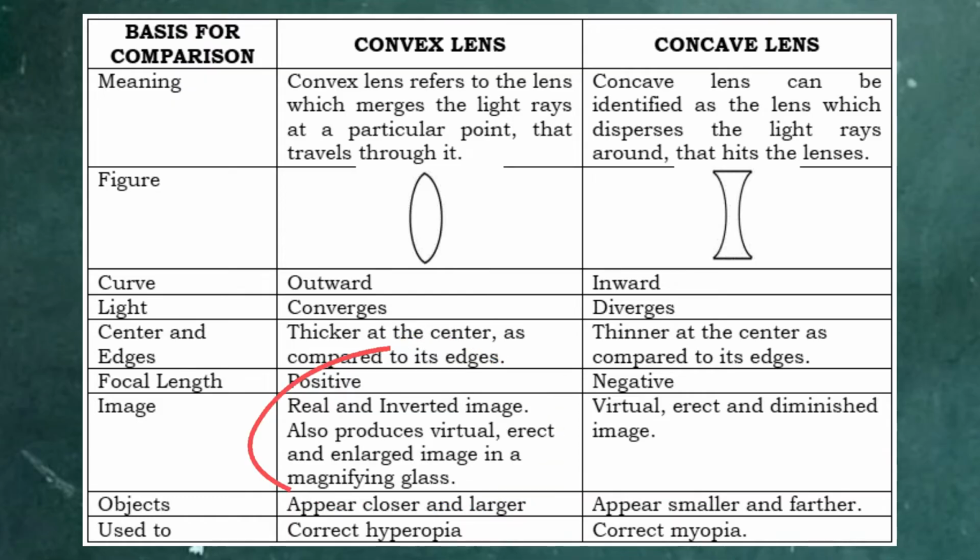In convex lens also, the object will appear closer and larger. On the other hand, the concave lens will have an image of virtual, erect, and diminished. With this type of concave lens, the object will appear smaller and farther.